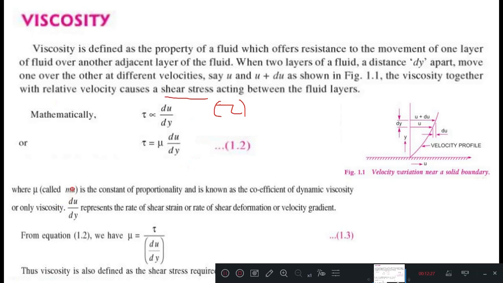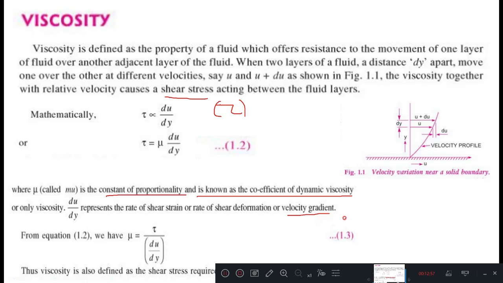Here mu is called the constant of proportionality and is known as the coefficient of dynamic viscosity or only viscosity, and du by dy represents the rate of shear strain, rate of shear deformation or velocity gradient. As we defined previously, velocity gradient means the velocity changing per unit height or per unit distance.